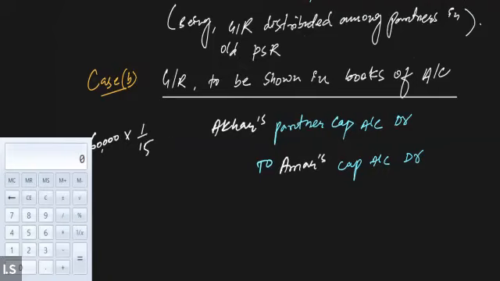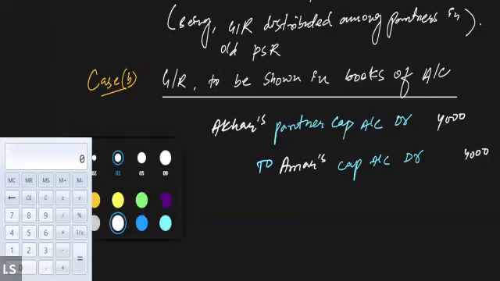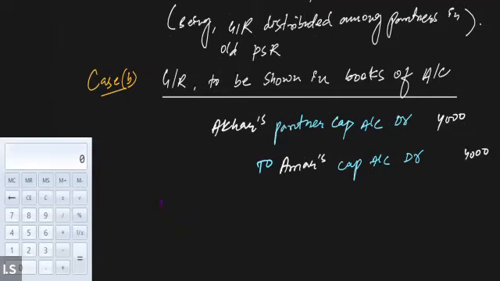So dividing 60,000 by 15, we will get 4,000. So 4,000 will be debited to Akhar's account and 4,000 will be credited to Amar's account. This is called the adjustment of the reserve. And we will have to write down the narration as well.